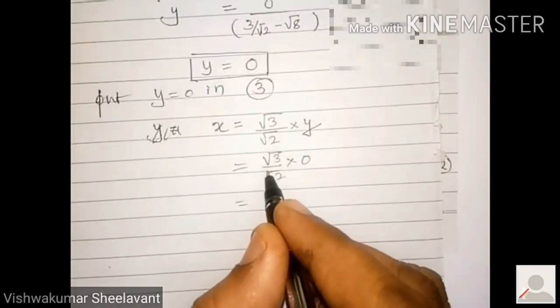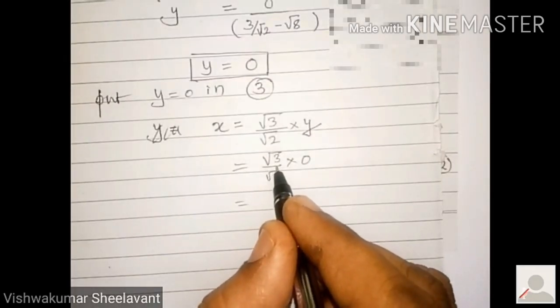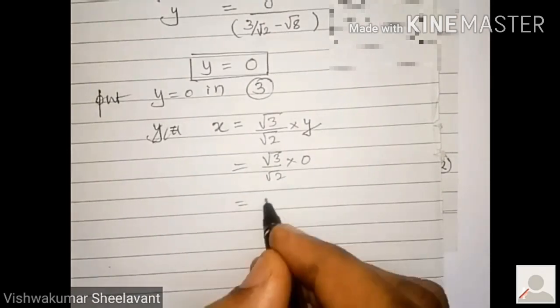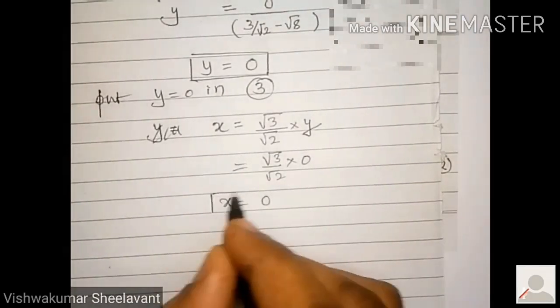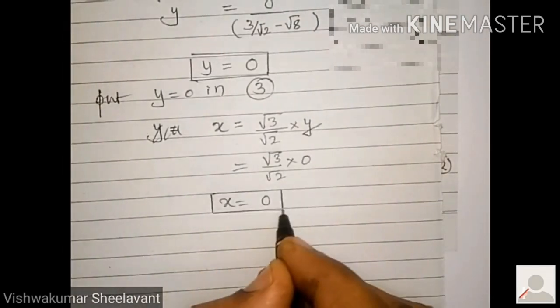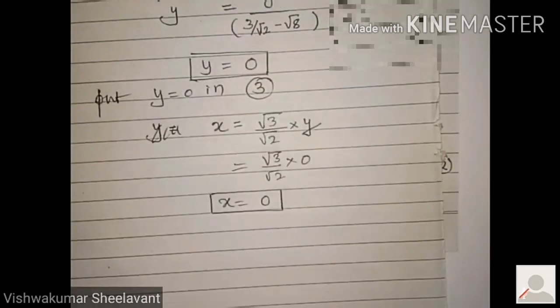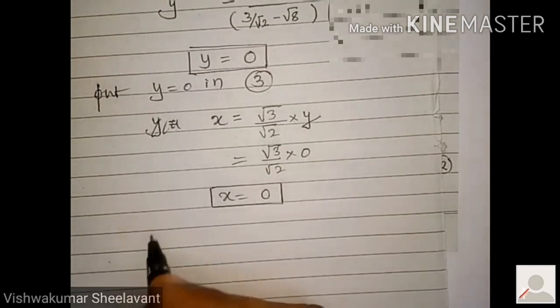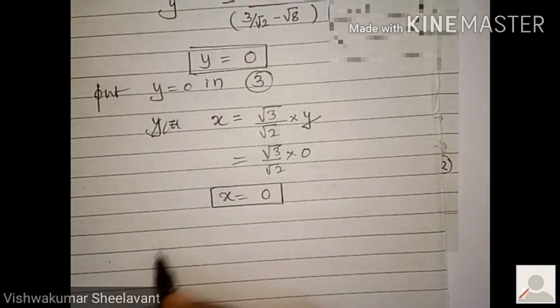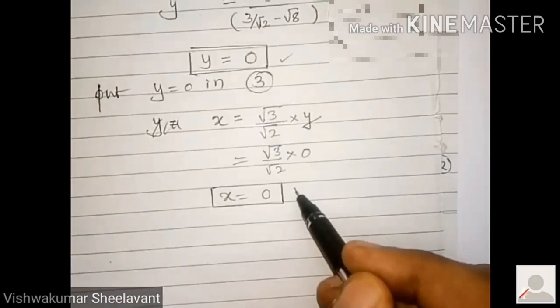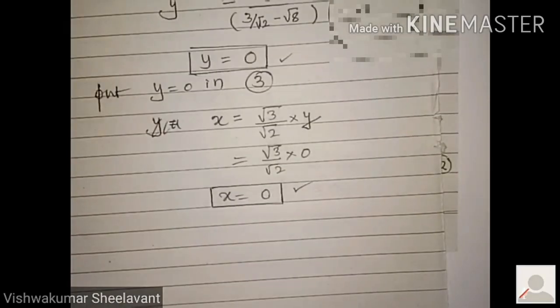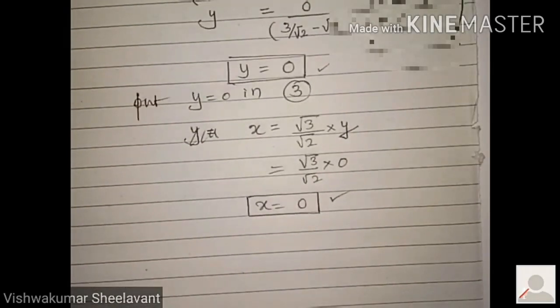You also know that any constant into 0 is a 0. So x value is 0. So we find the value of y and x, both are equal to 0. That means for these two equations, if you draw two straight lines, then they will cross at origin.